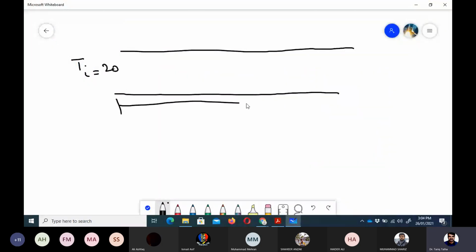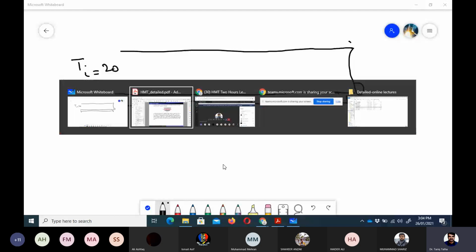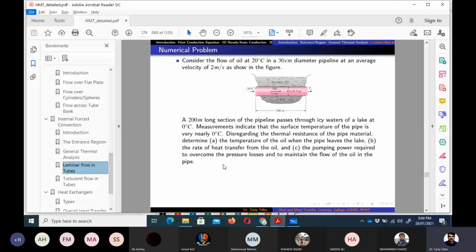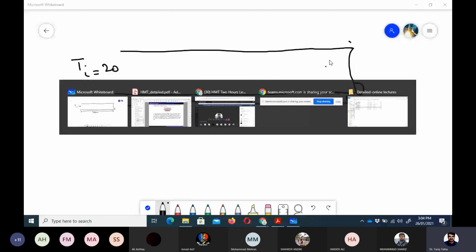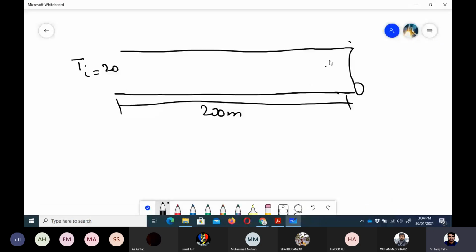This length is, I think, 100 meter, no, 200 meter. Okay, so this is 200 meter. Then the diameter is 30 centimeter. And then we need to determine first of all Te, which is the exit mean temperature.